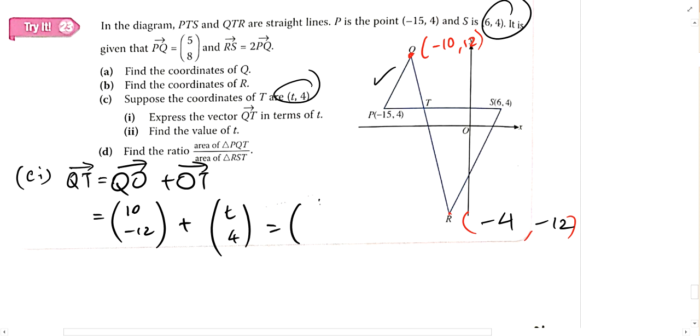So this must be (10 plus t, -8). So this is the vector QT in terms of t. If you did it the other way, from Q to P, then P to T, you will still get the same answer if you don't make mistakes. Now part 2, find the value of t.